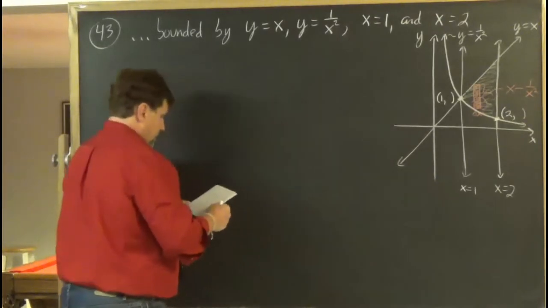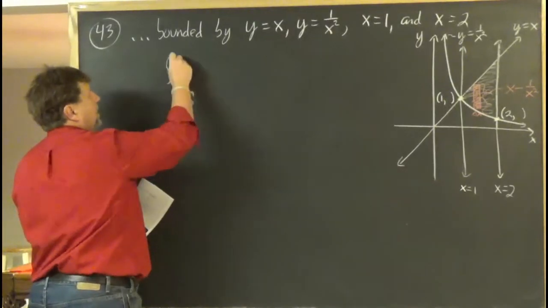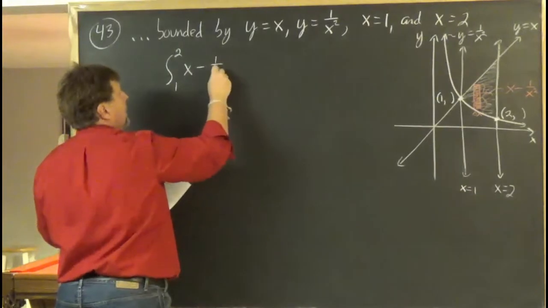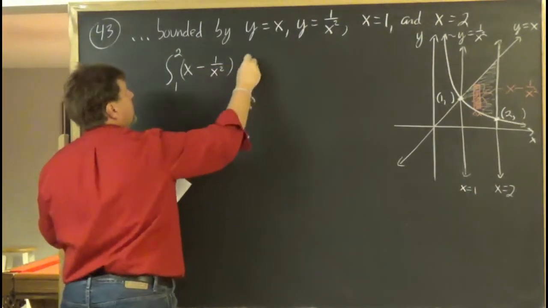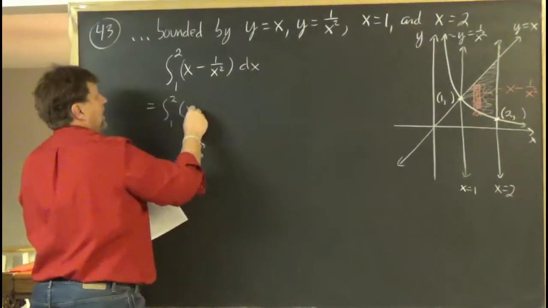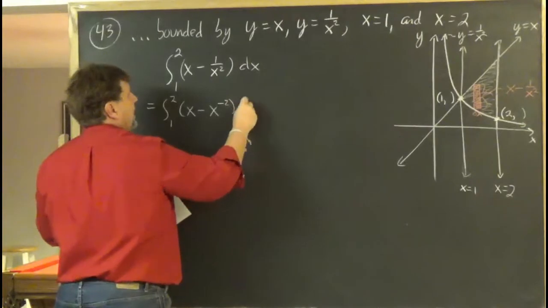So here the area is found by, well, let me write down the integral. 1 to 2, the top curve minus the bottom curve, which I would start by just rewriting 1 over x squared as x to the negative second.